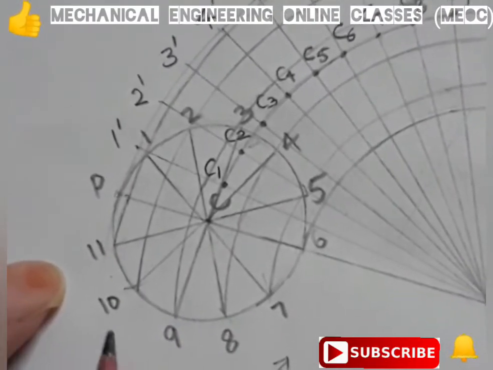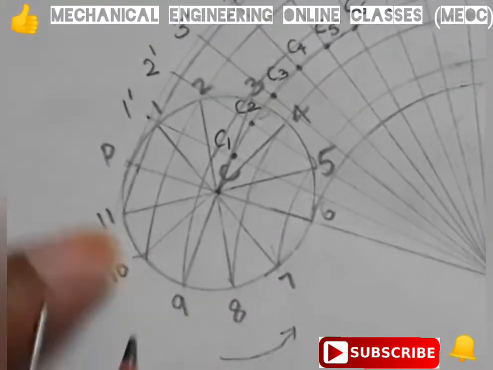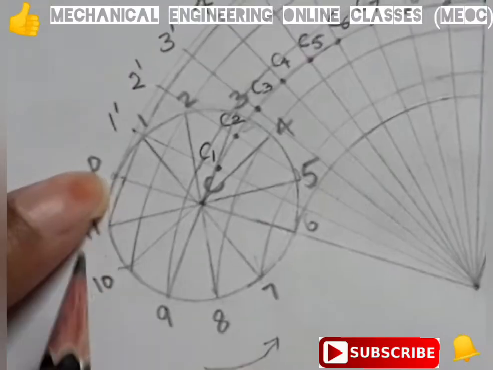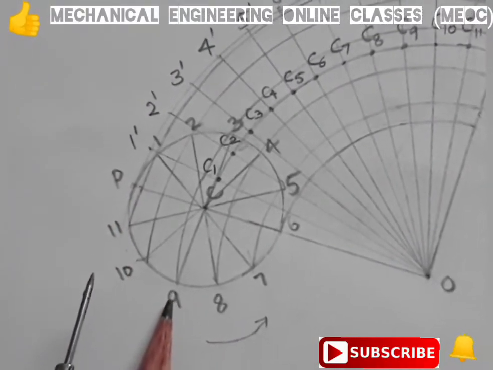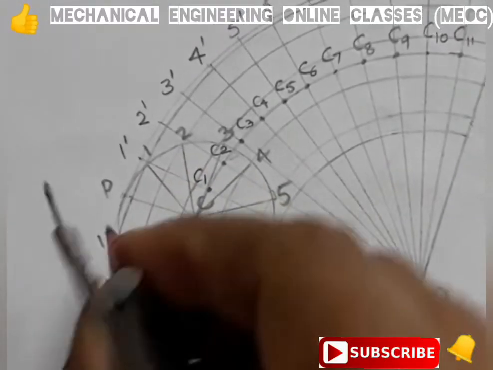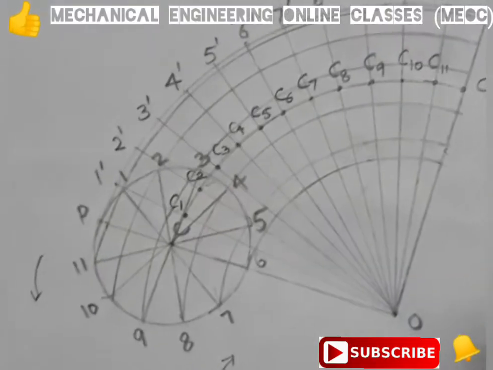After 2/12 of revolution, the same point P will reach the height of 10. So after 3/12 of revolution, it will reach the level, the height of the point 9. Okay, so this is moving in counterclockwise direction. It is rolling in counterclockwise direction.